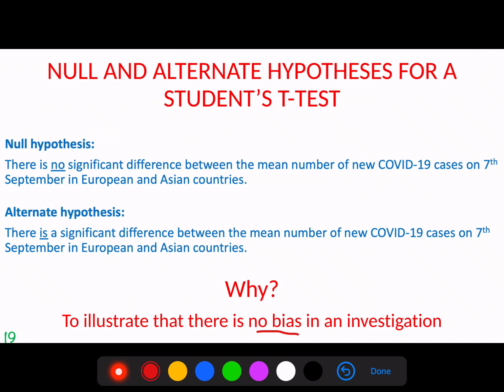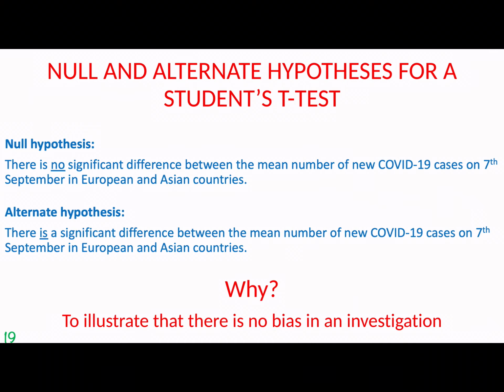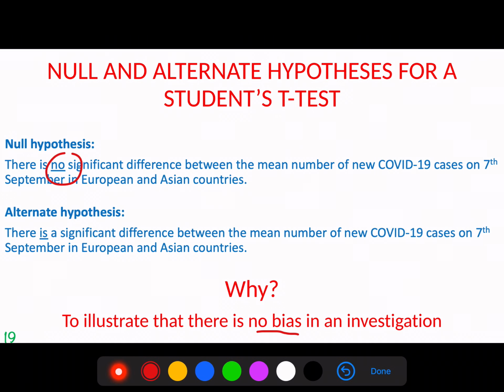So we have to make this statement, which a lot of students query because they think, well, what's the point in stating this? Because I can see that I've got a correlation or a significant difference. It's all about protocol, and in the wide world of science, showing that you are not biased going into the investigation. So for the null hypothesis, the key word is no, and you can relate this to your own study. There is no significant difference between the mean number of new COVID cases on this day in Europe and Asia.